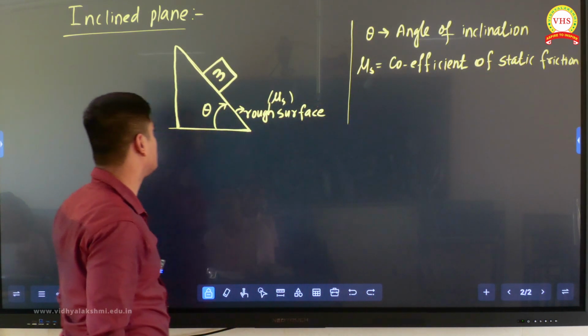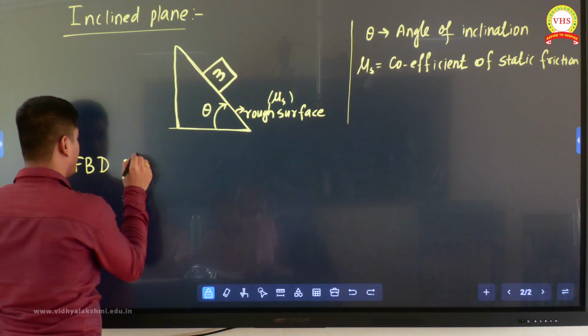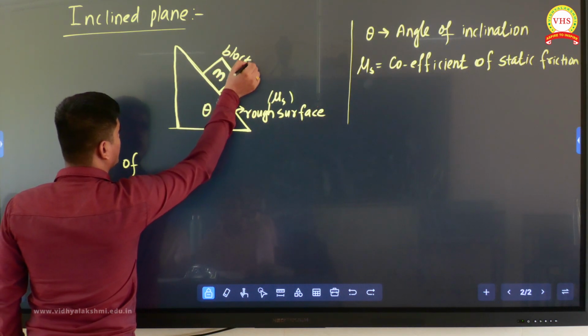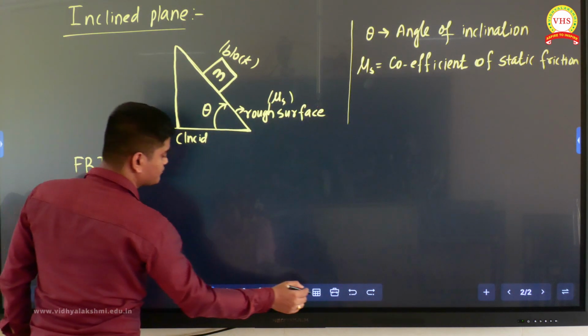Now next, we'll try to understand the free body diagram of this block on the inclined plane.